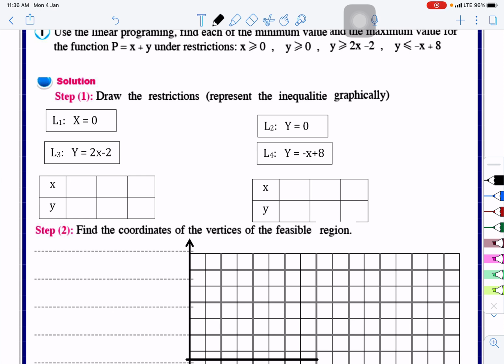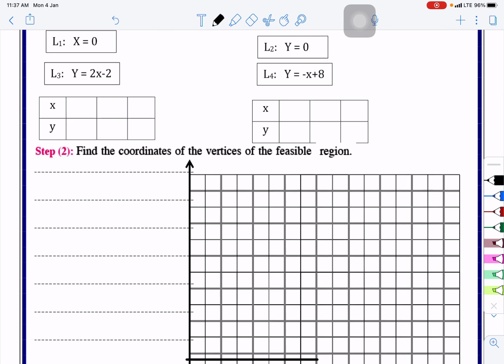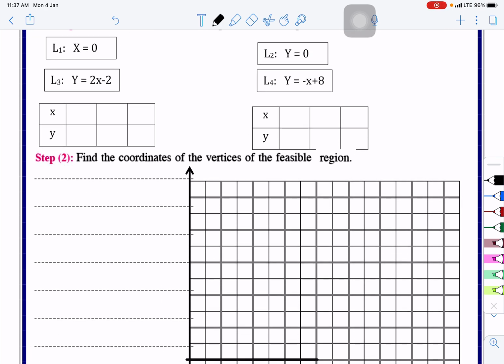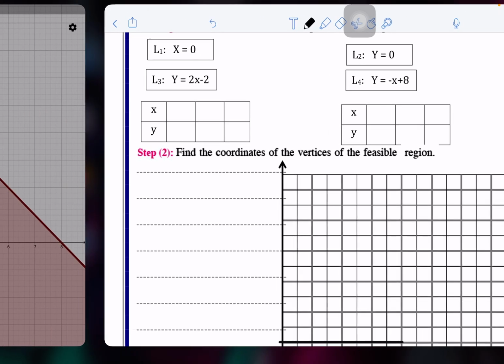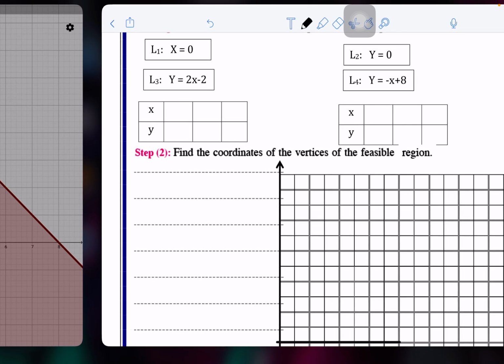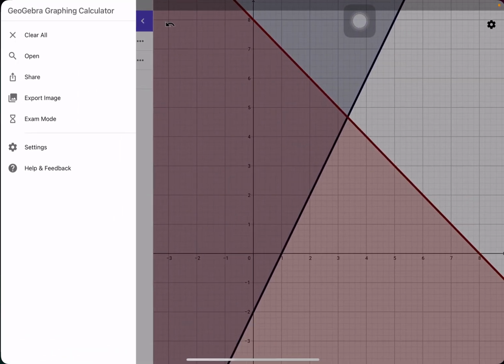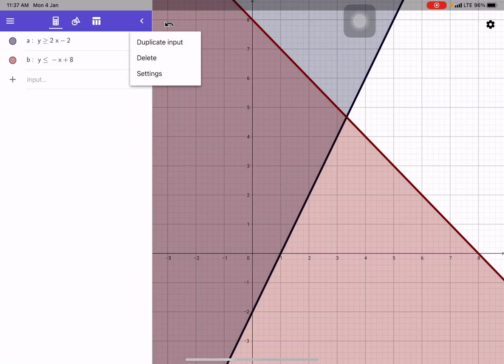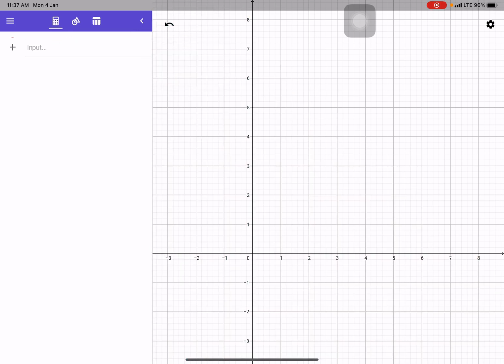At first, draw the restriction inequalities on the number plane graphically. We can use GeoGebra to find how to draw these inequalities.